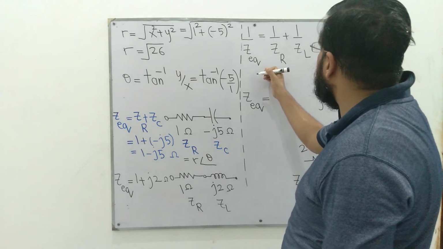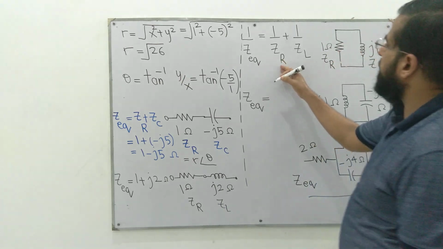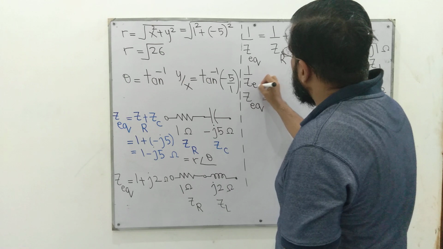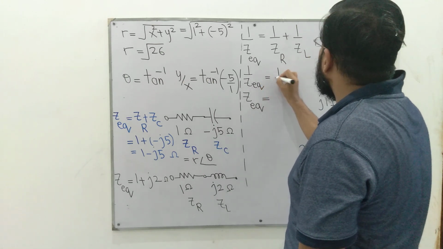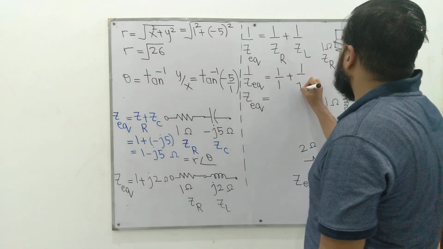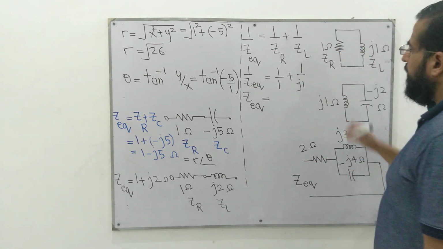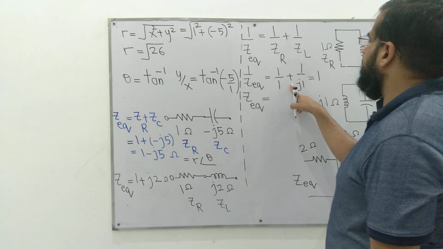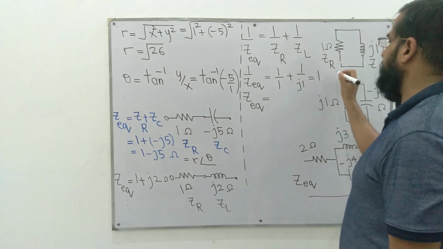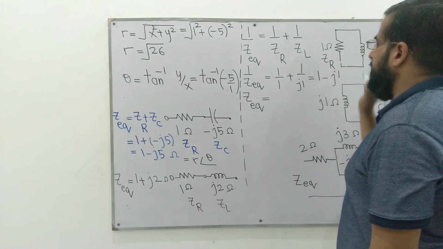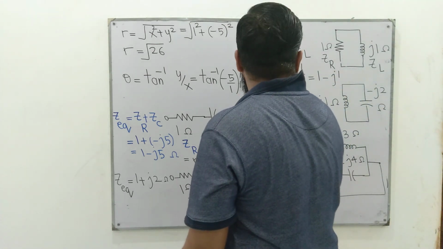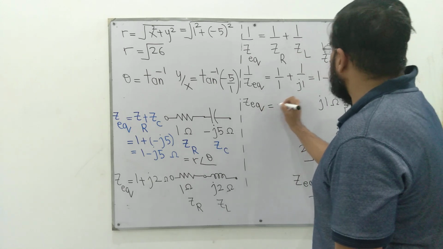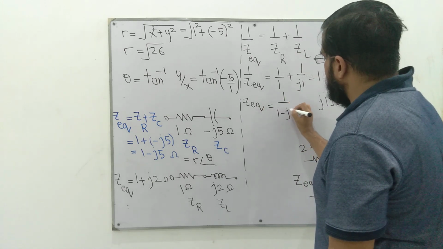Or it can also be written as C equivalent is CR times CL over CR plus CL. Or we can go along with this expression: 1 over 1 plus 1 over J1. 1 over 1 is 1, plus 1 over J1. We know that 1 over J is minus J, so minus J1. Inverting the whole, C equivalent becomes 1 over 1 minus J1.